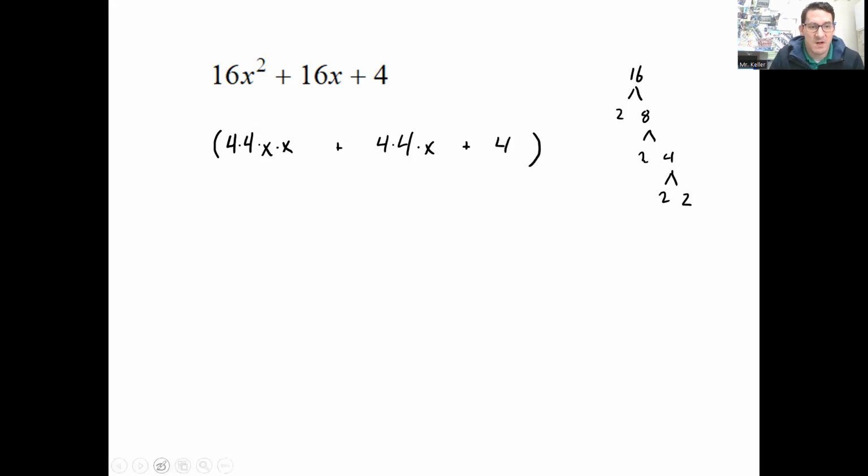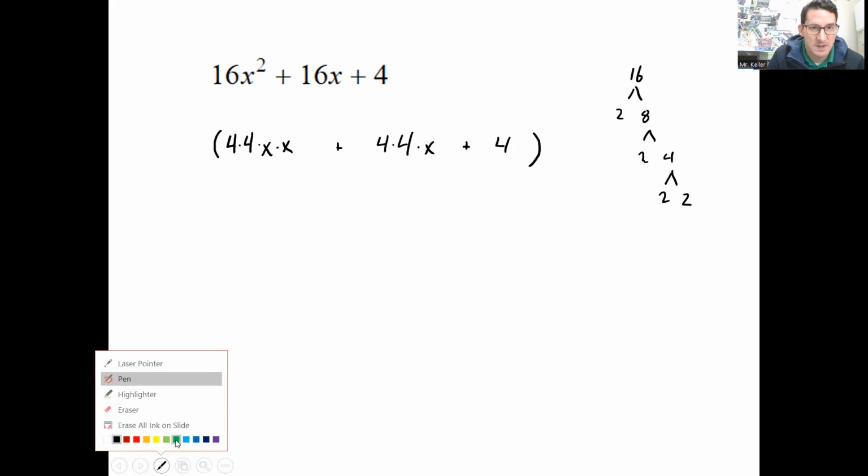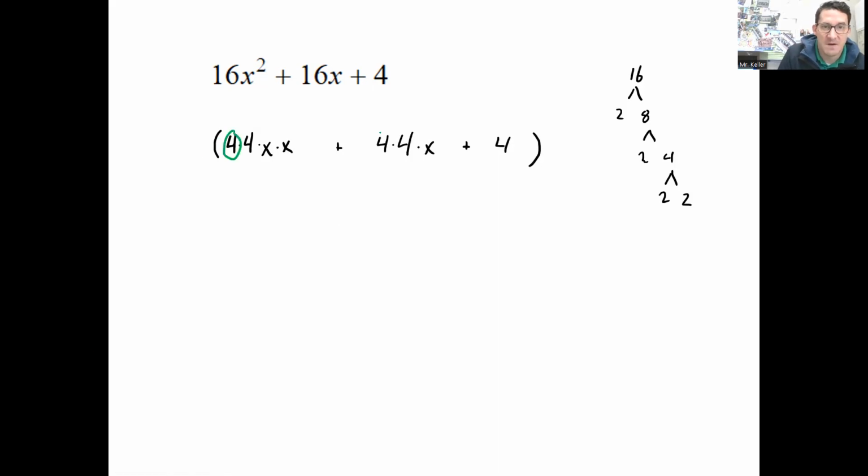So here, what they all have in common is a 4. And so I'm going to take out a 4 outside. We have 2 x's here, 1 x here, no x's over here. And so I'm going to redo things here. There's a 4, and then it's going to be 4x squared plus just 4x.